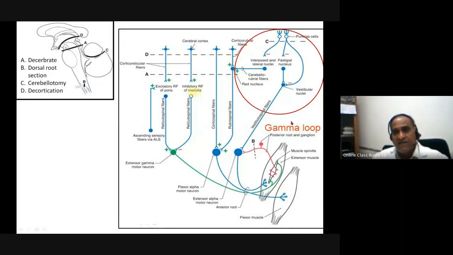The cerebellum has three levels of connections. One level is from the dentate nucleus, the dentatothalamic connections, which are not shown here. The dentatothalamic connection goes to the thalamus and then to the cerebral cortex. That is necessary for the programming and planning of motor actions.